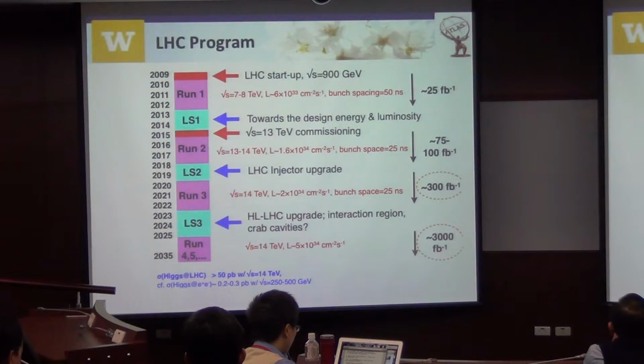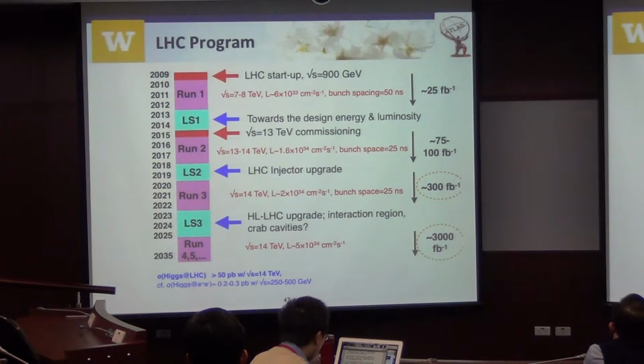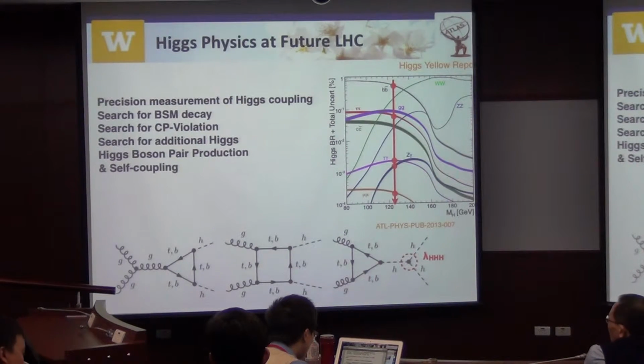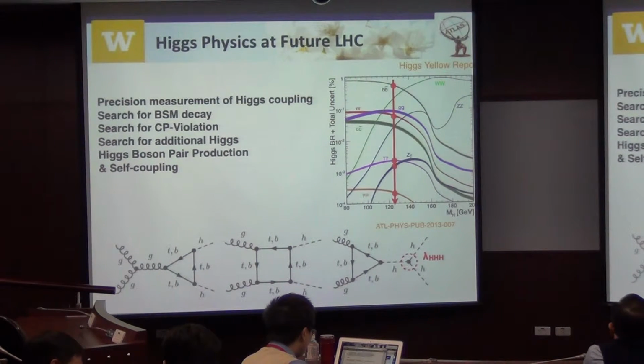What I'm going to show you later is that, using these two luminosity targets, let's try to estimate the sensitivity to some new physics. I'll focus on the Higgs because that's the new particle we found, and it's quite interesting that if there's something new, it's very likely to start from the Higgs.